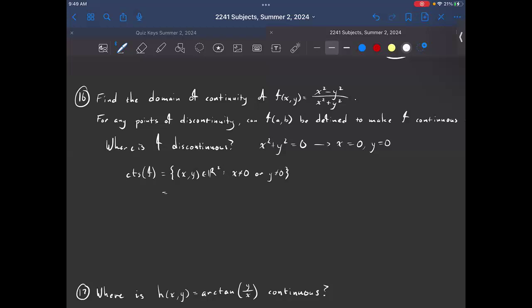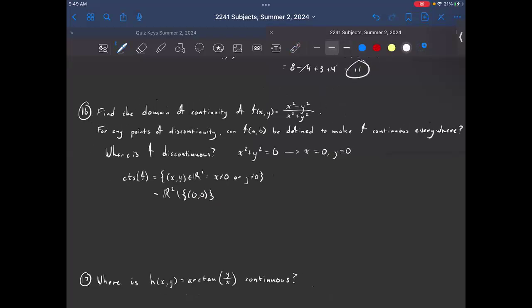Another way to put this is that I don't want this. So R2 minus this 1 point. That's the entire domain of my function where it's continuous. It's also the domain of my function, but that's the idea there.